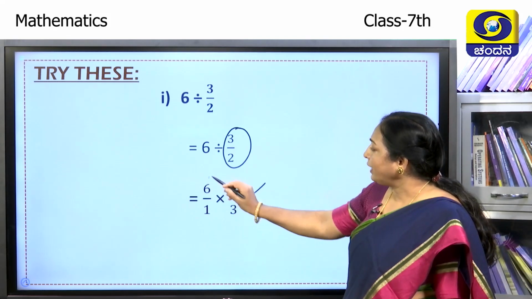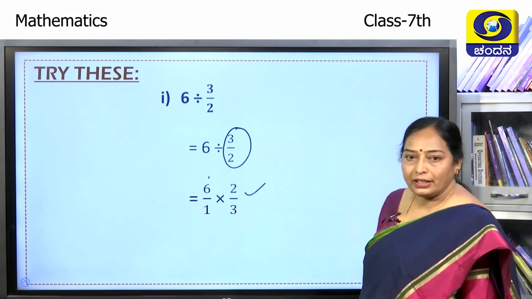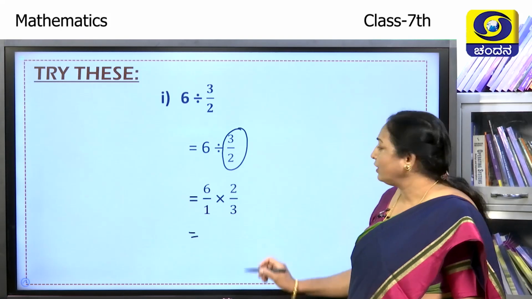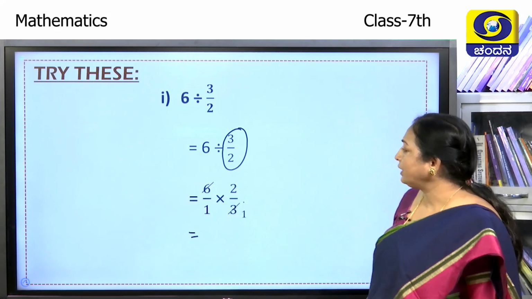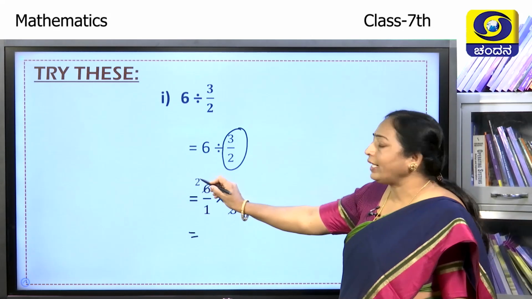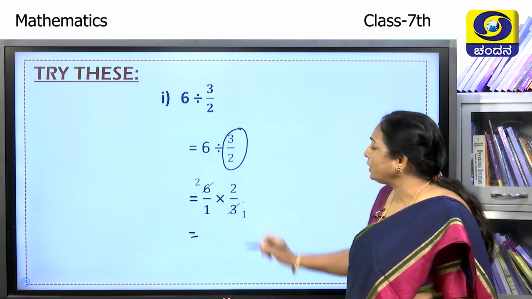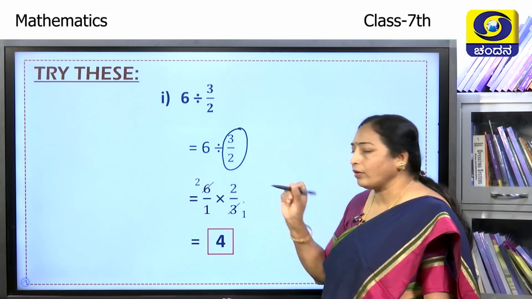Here the numerator is 6, the denominator is 3. They have a common factor. So, both 3 and 6 are divisible by 3. 3 ones are 3, 3 twos are 6. Multiplying numerator and numerator, denominator and denominator, we get 2 twos are 4. So, the answer is 4.